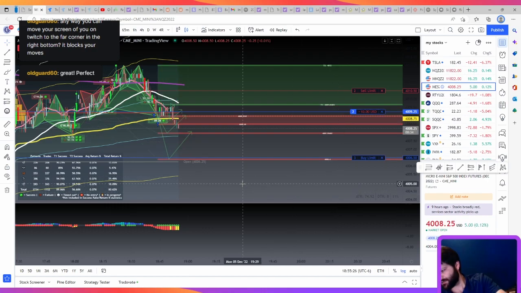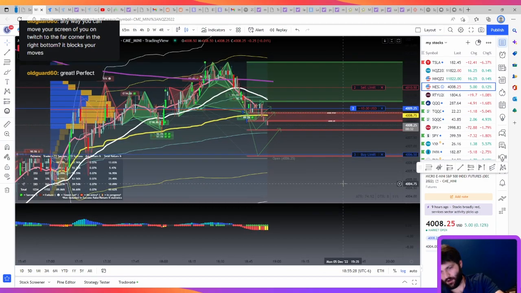And so as you can see, things were just moving on and off because this indicator is actively working and trying to see what's going on.